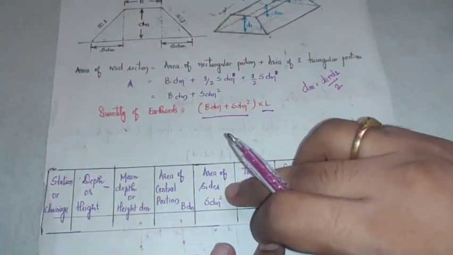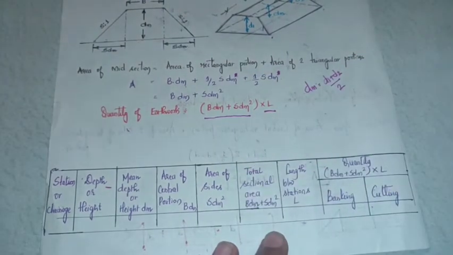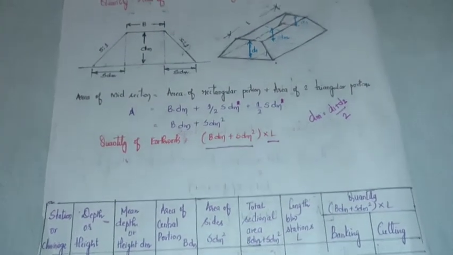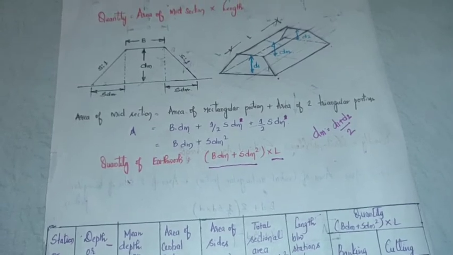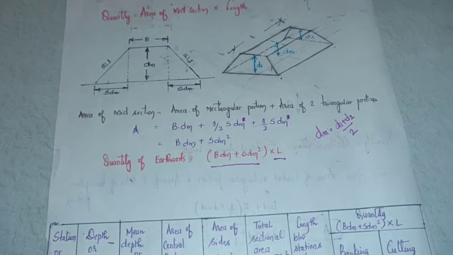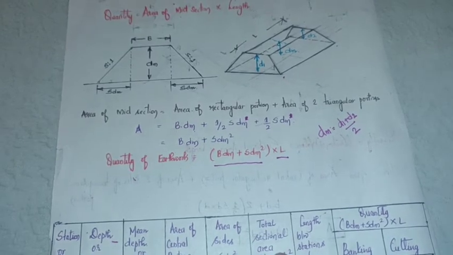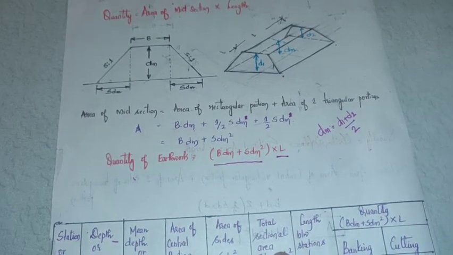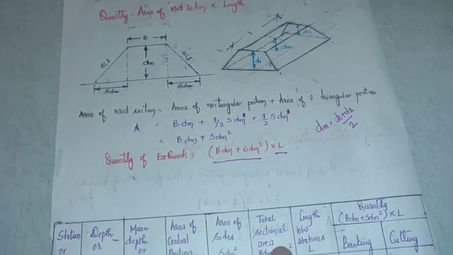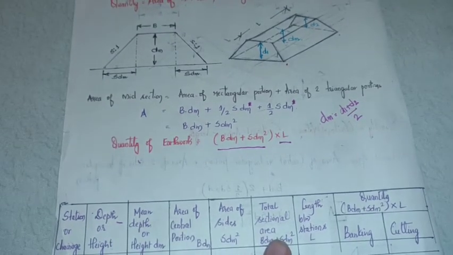Now, what you may face here is that the cross section or longitudinal section of chainages that are given may not be completely in banking or completely in cutting. That depends on the ground profile. If you get completely banking, then there is no problem.